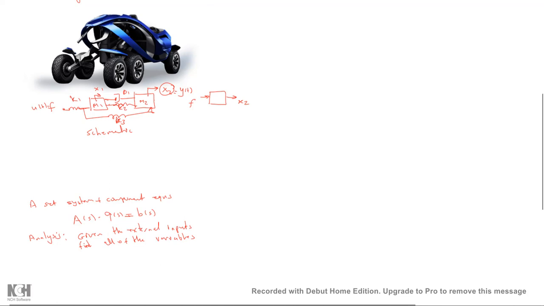When we talk about modeling, we will make this analysis a little bit more generic to any kind of arbitrary input.